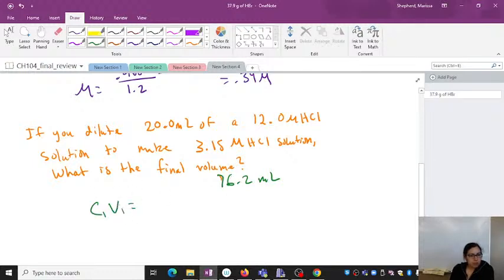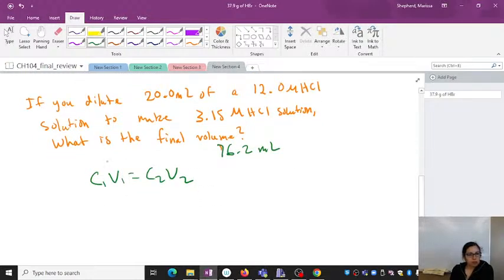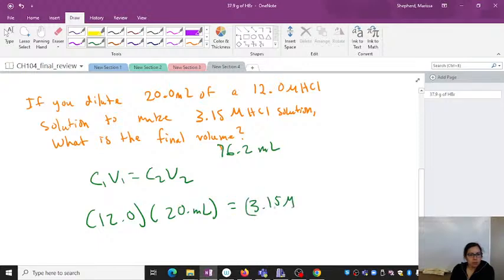0.0. And so just to go over it for everybody, C1V1 equals C2V2, or molarity. And then we can just plug in all our values, our concentration, 12, times our volume, and I'm just going to keep it in milliliters, equals 3.15 molarity.